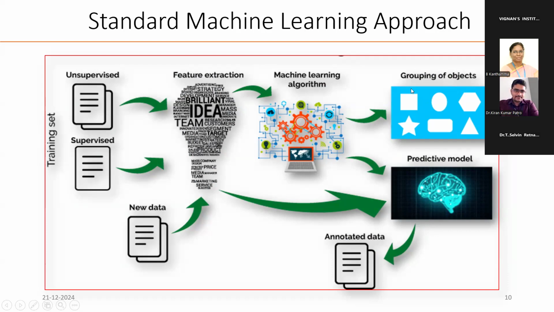This is called training. Once training is completed, you can give new data and the same process continues. For the new data also, the same features are extracted and applied to the machine learning algorithm. Then the algorithm works as a predictive model. It can predict the type of the object. This is the standard machine learning approach.